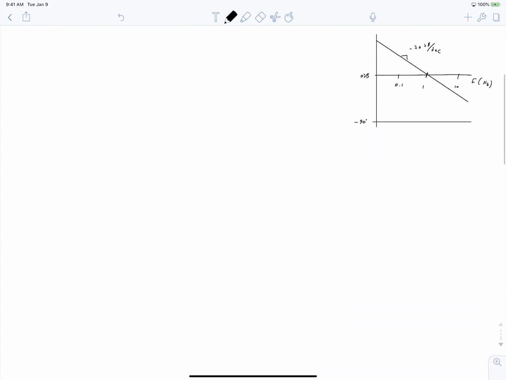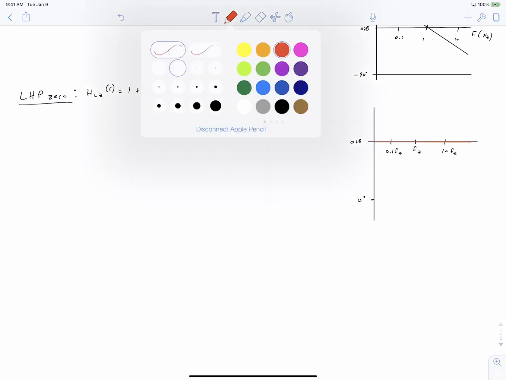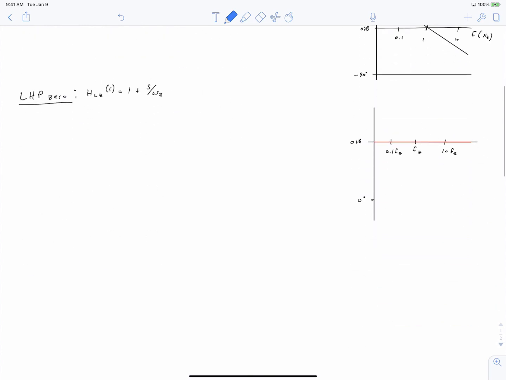Okay, building up from these towards slightly more involved transfer functions, we can talk about a left half plane 0. And we can use our mathematical operation by first considering the Bode plot of 1 and adding that to the Bode plot of s over ω_z, which is going to be the simple case of a 0 at the origin.